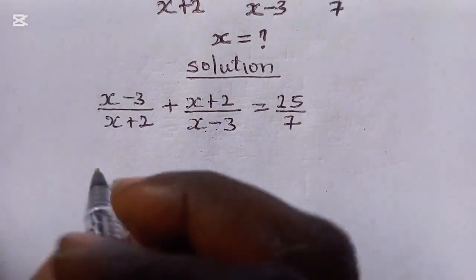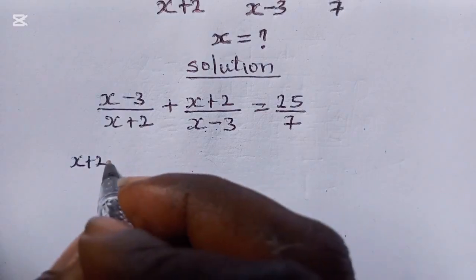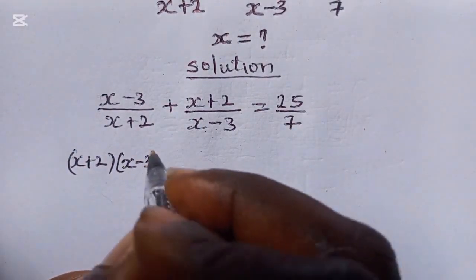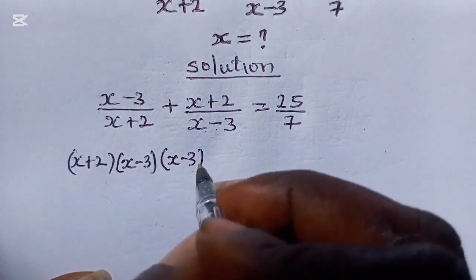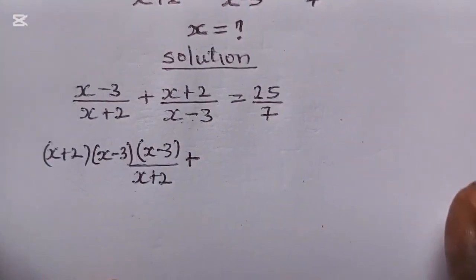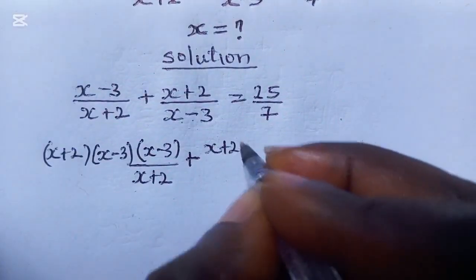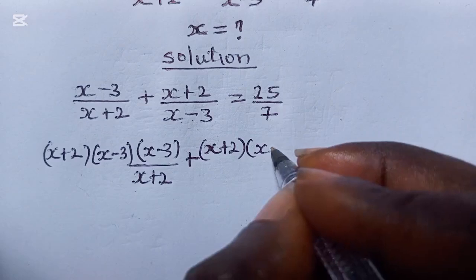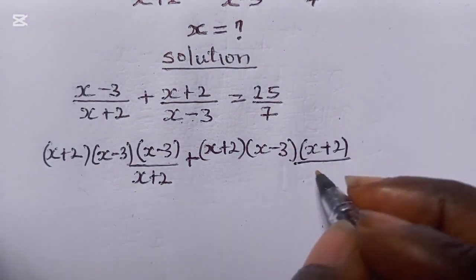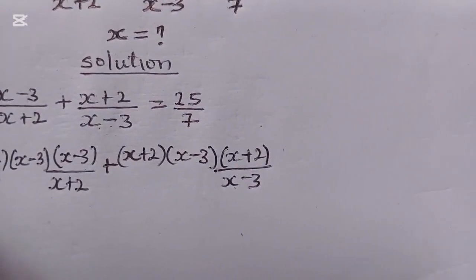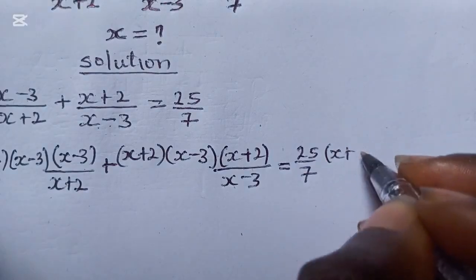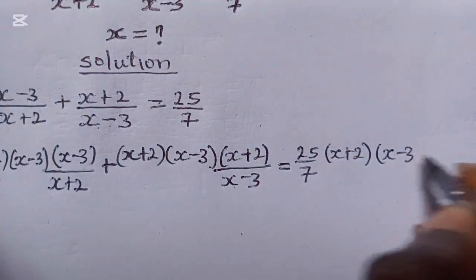If you do that, I'm going to have (x plus 2)(x minus 3) into (x minus 3) divided by (x plus 2), then plus (x plus 2)(x minus 3) into (x plus 2) divided by (x minus 3), which equals 25 over 7 (x plus 2)(x minus 3).